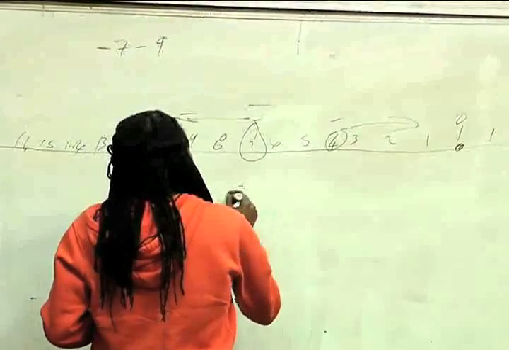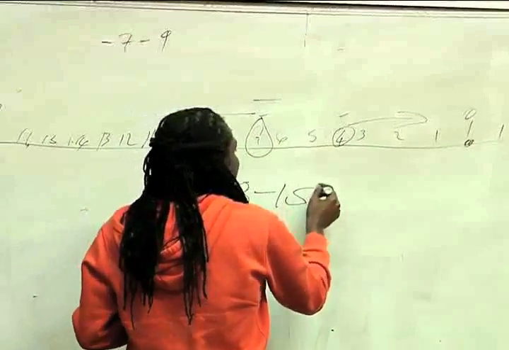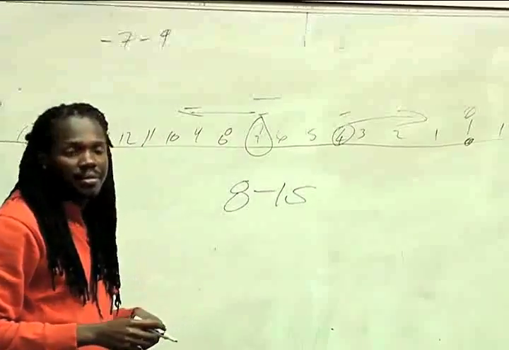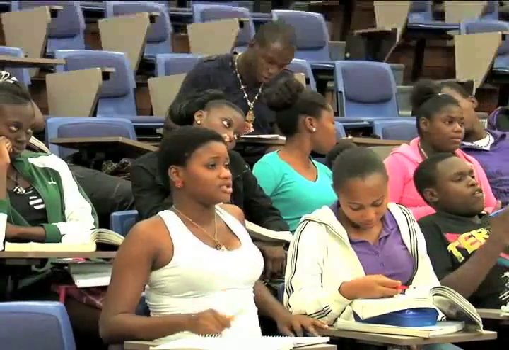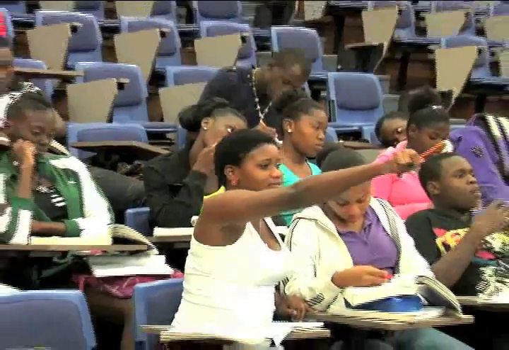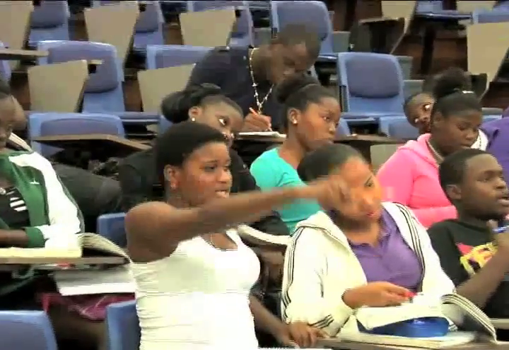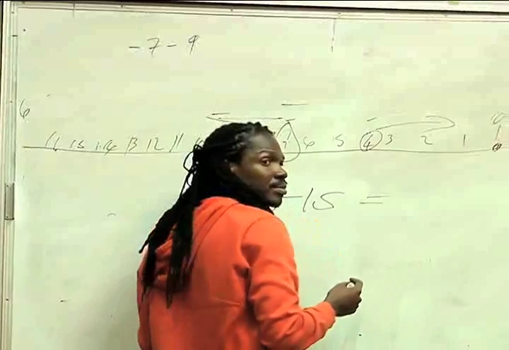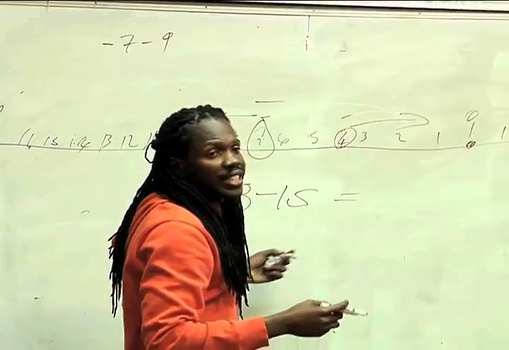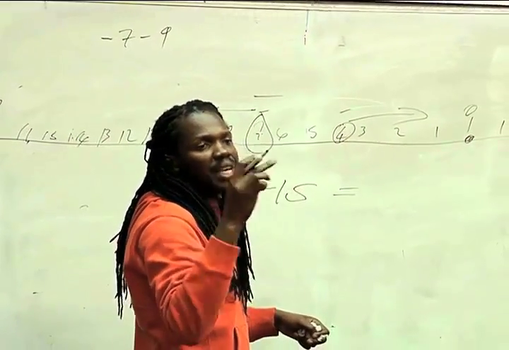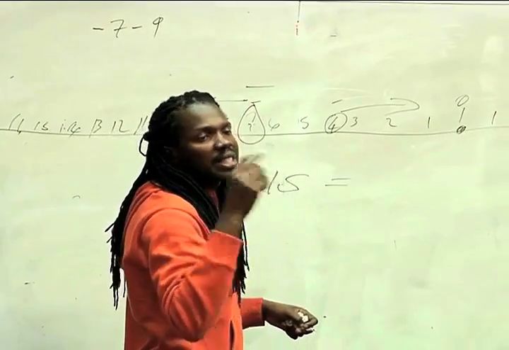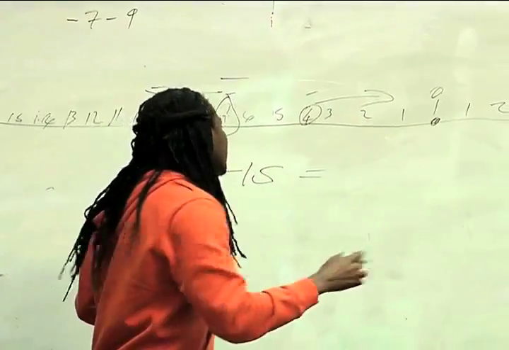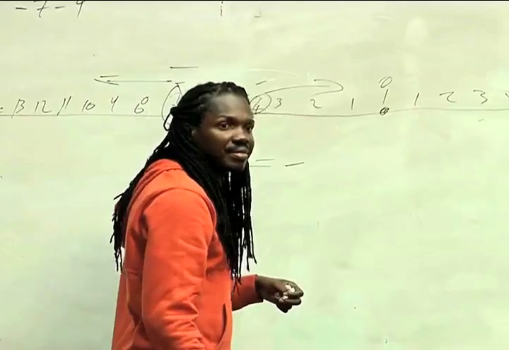8 minus 15. Negative 7. Once you subtract a bigger number from a smaller number, the answer must be negative.